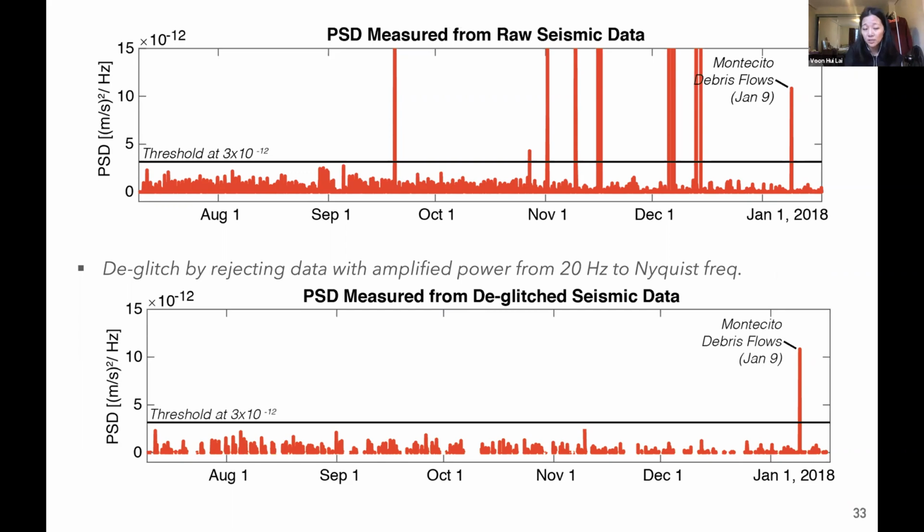That also rejects the neighboring points, but it's only in like the 30-second time period. If the debris flow signal is like what was shown on the graph, the median filter would not distort that kind of signal. So it would get rid of a lot of the artifacts, including the data gap, but not the debris flow. I don't know if that answers your question, but it's part of the processing that removes some of the artifacts. Okay, cool. Thanks.